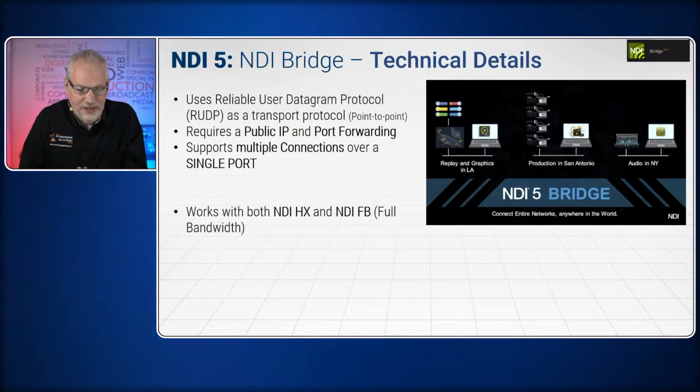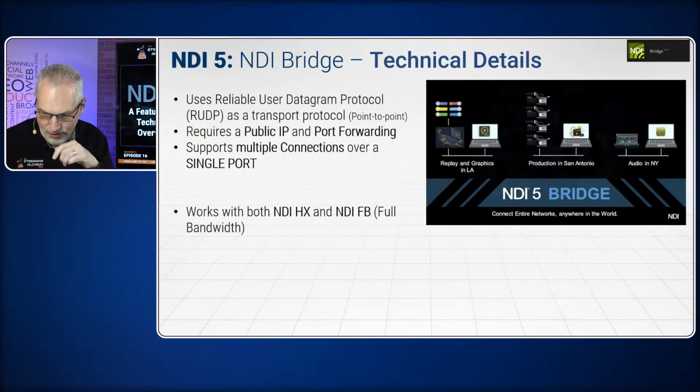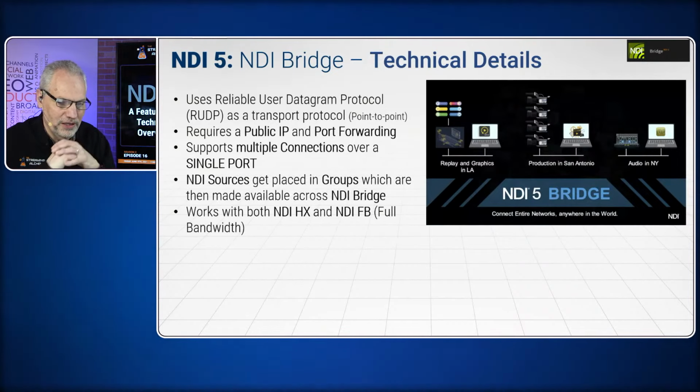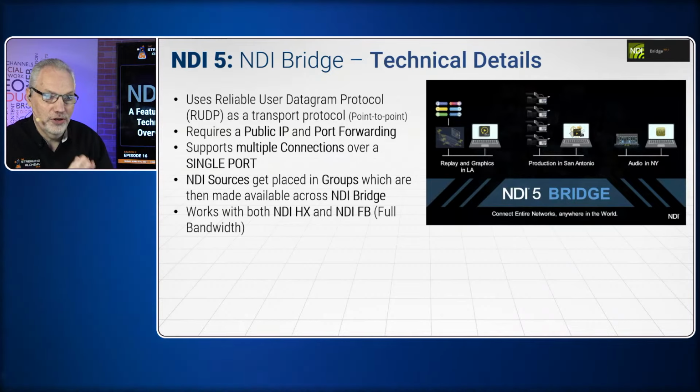The other thing, and this is definitely important, is that it works with both NDI HX and NDI FB, so the full bandwidth version of NDI. And why this is important, and this is why I sort of did it in this order, is that everything that you will be setting up and sending in groups can be any NDI source. So it can be cameras, which are HX.